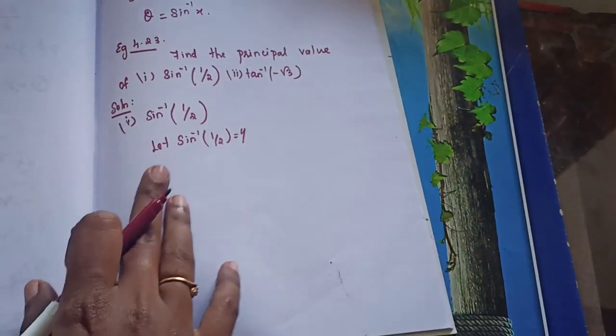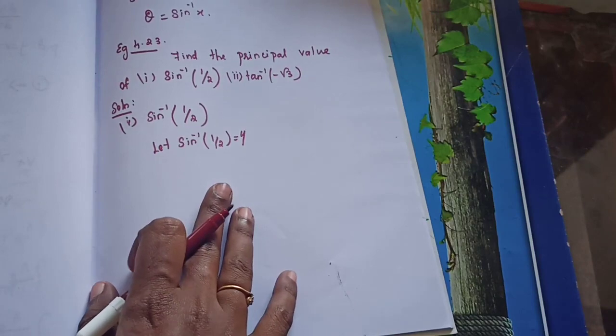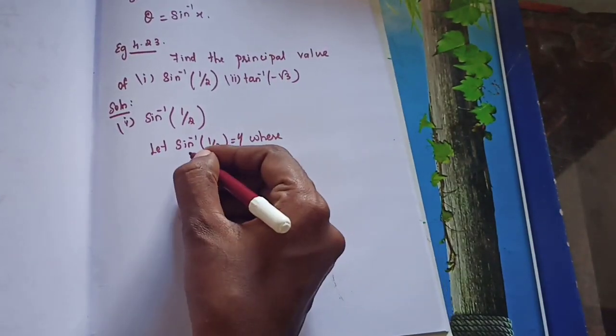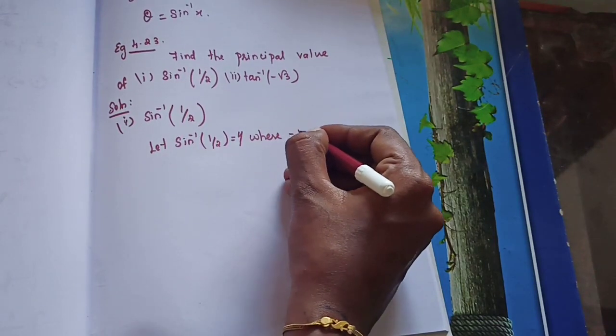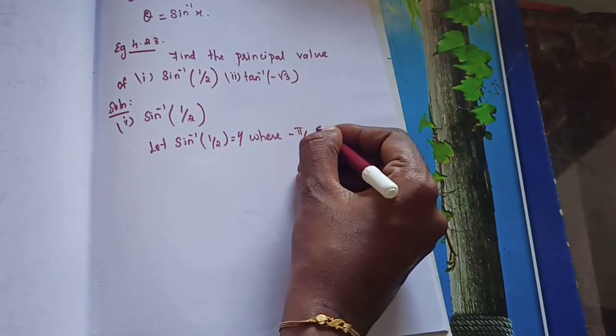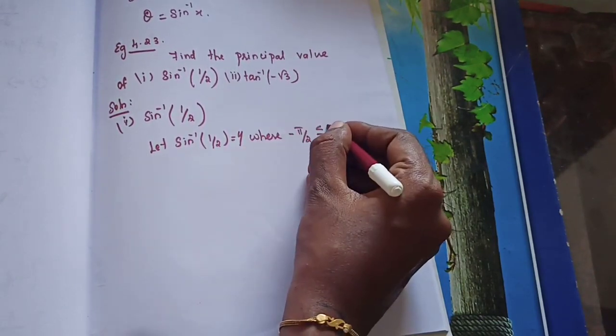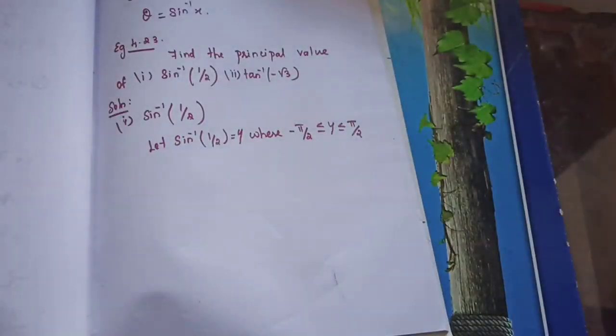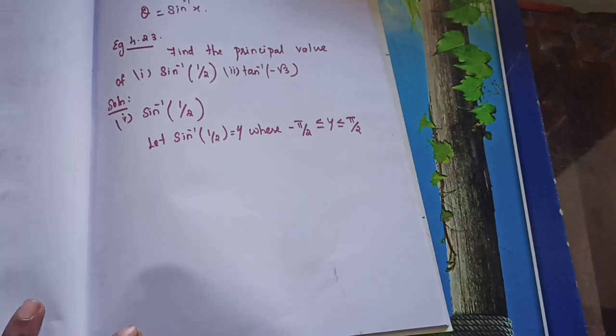The reason is here you need to write the range. So what's the range for sin inverse? Check the tabular column: minus pi by 2 less than or equal to y, less than or equal to pi by 2.